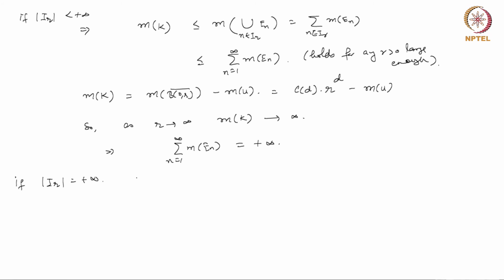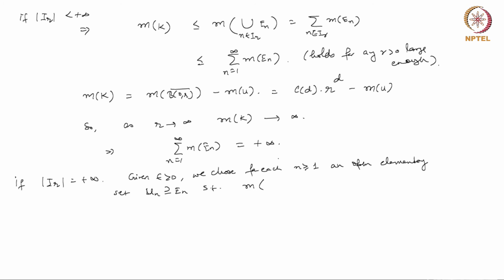So in that case we choose, given epsilon greater than 0, for each n greater than or equal to 1 an open elementary set Un containing En such that the measure of Un is less than or equal to the measure of En plus epsilon by 2 to the power n.